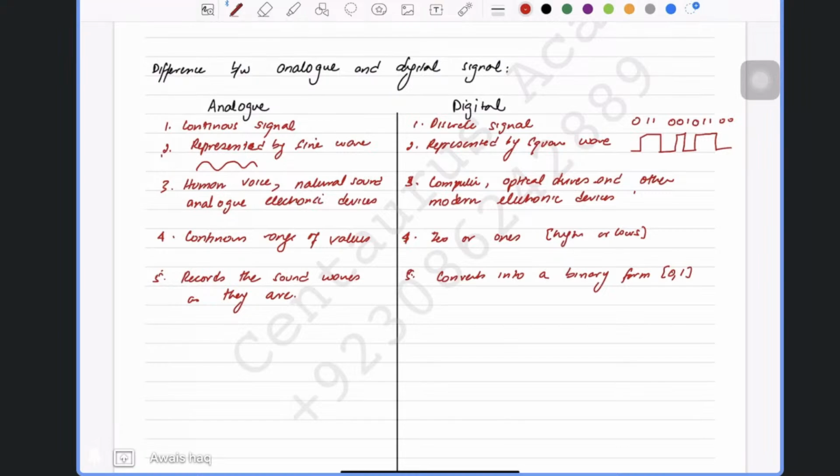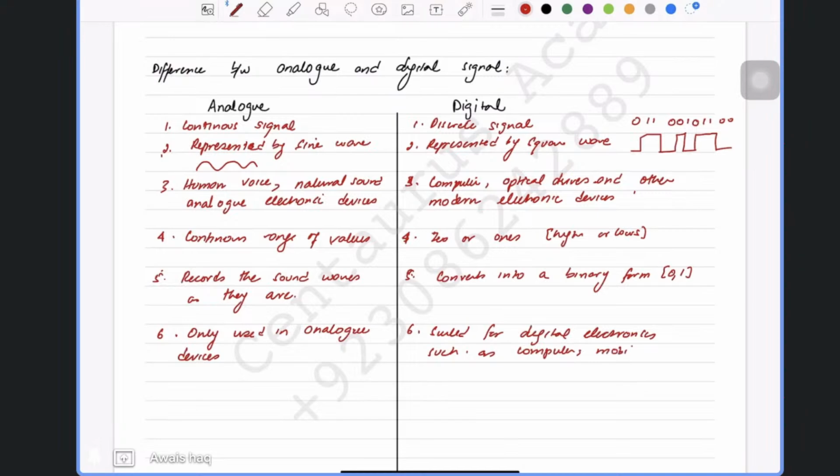Then analog devices are used only for analog, and these are suited for digital electronics such as computers and mobiles, etc. All right, the new devices.